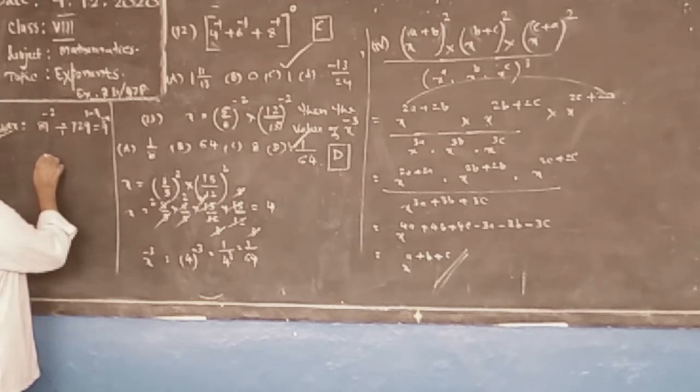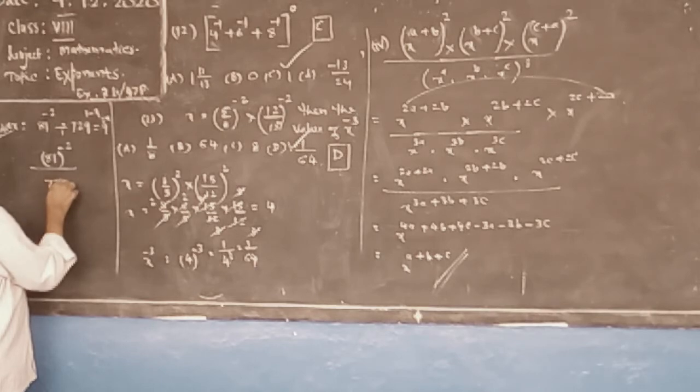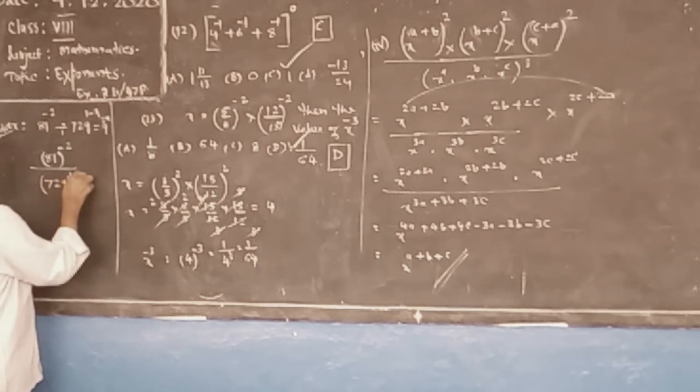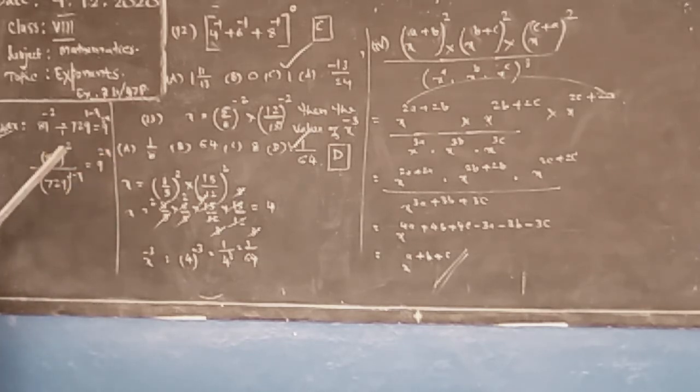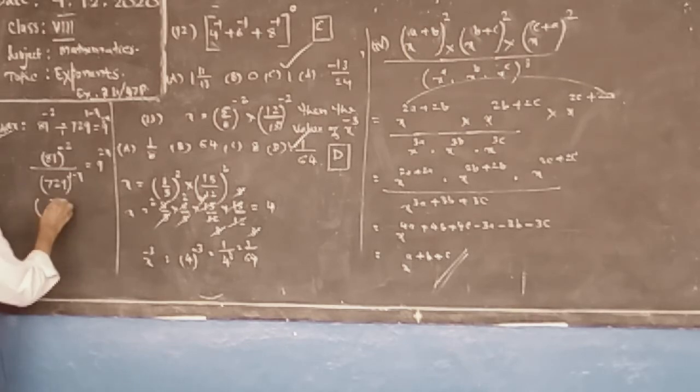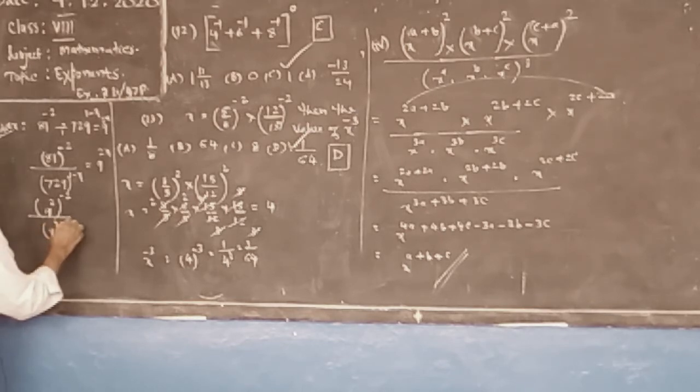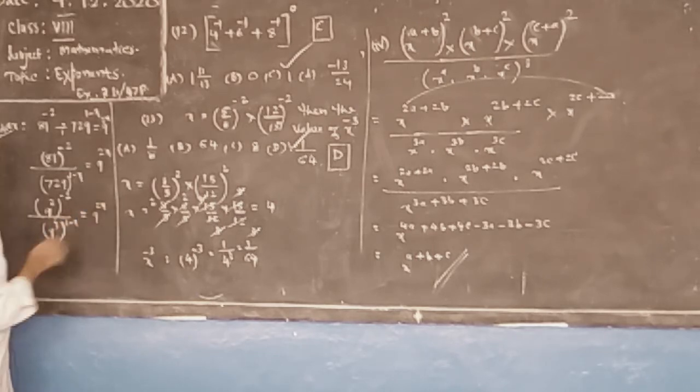Now we can write this as (9 squared) power minus 2 divided by (9 cube) power 1 minus x is equal to 9 power 2x. This can be written as 9 power minus 4.